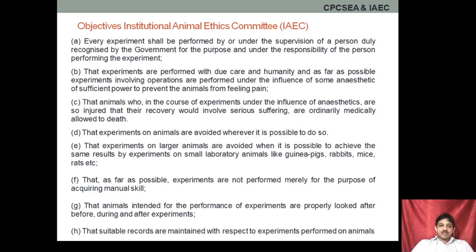No, for manual skill there is no requirement for an experiment, only for experimental purposes. Animals intended for experiments should be properly looked after before and during the experiment, and suitable records should be maintained with respect to the experiment to be performed. Where you are taking the animal from, what you are doing with the animal after sacrificing, and the process of sacrificing, all of these come under the purview of the Institutional Animal Ethics Committee.